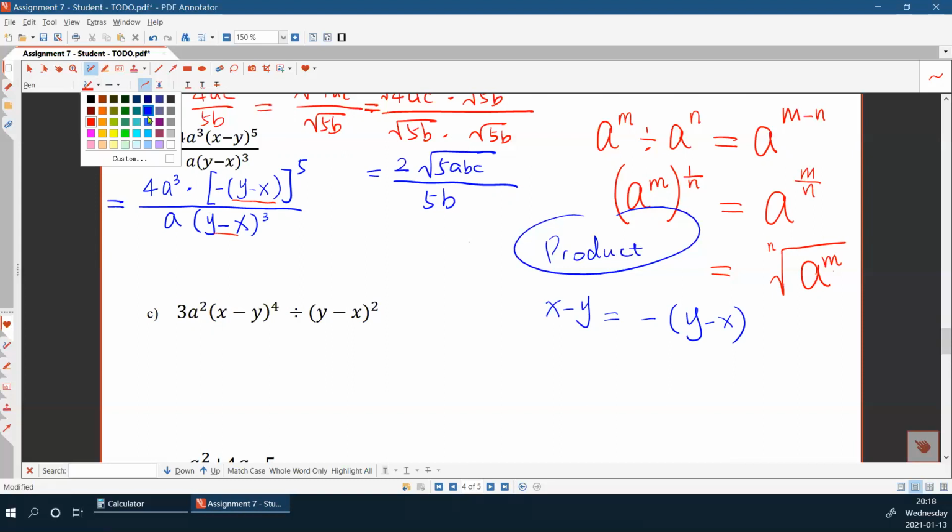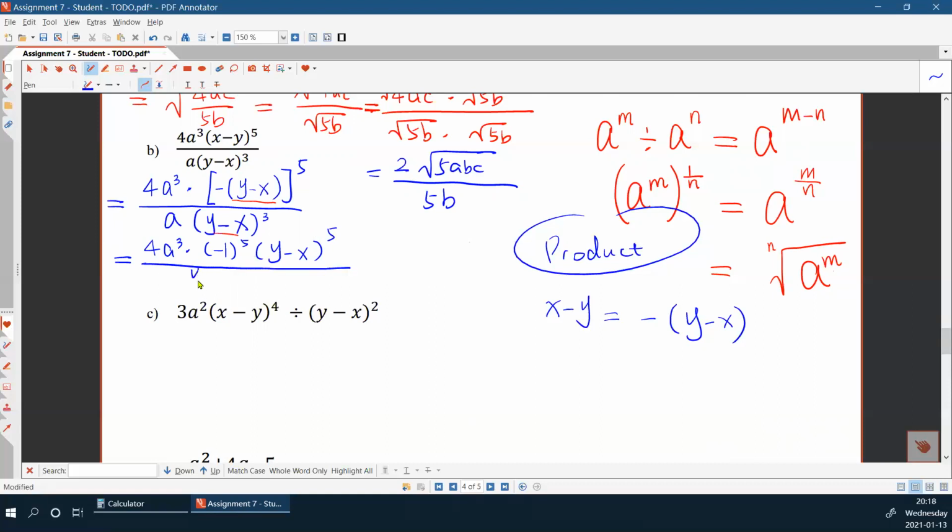But before we cancel them, this one is minus 1 to the fifth power, times (y minus x) to the fifth power, and then (y minus x) to the third power, right? Okay, now we can simplify.